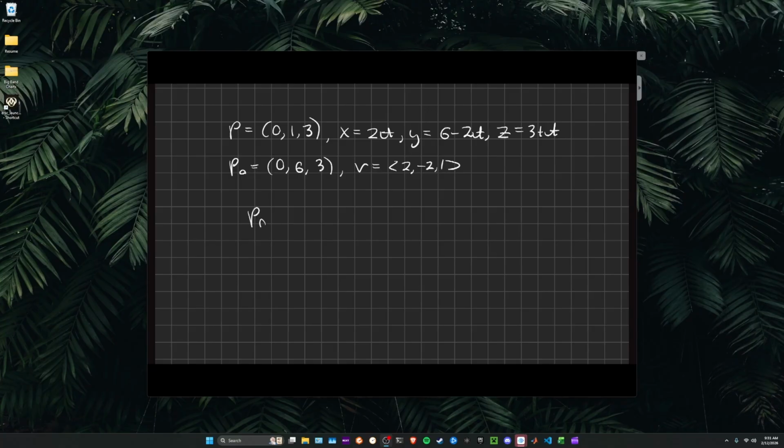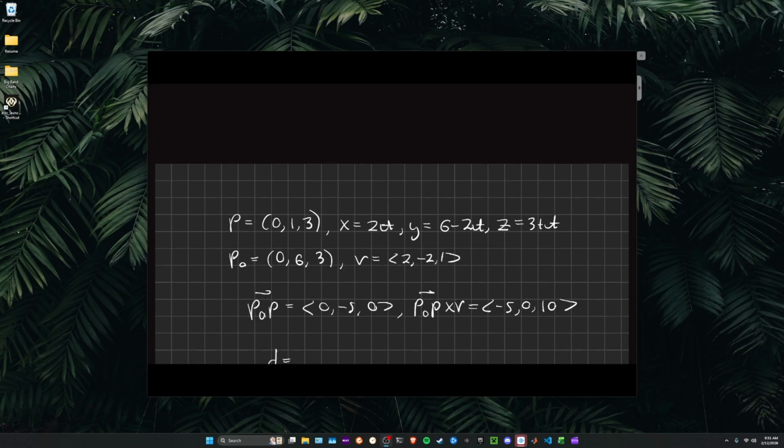So we need P naught P. In this case, it's (0, -5, 0). We need P naught P crossed with V. Again, use whatever method you think is easiest. (-5, 0, 10). Here I'm just using the component definition, the algebraic one, not the determinant.